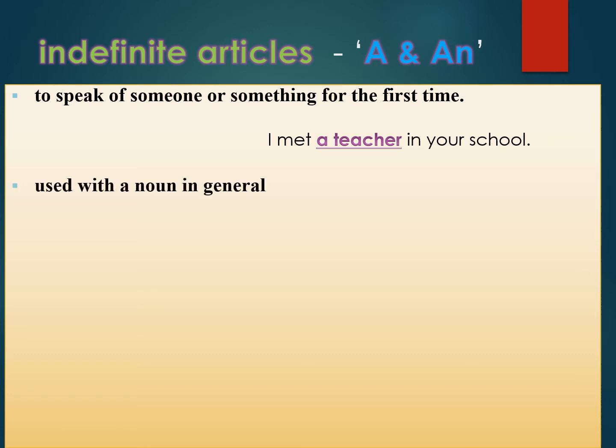We use indefinite articles with a noun in general. Indefinite articles are used with a noun in general. So that means when we are referring to a noun in general, we have to use indefinite article before that noun. Example, a doctor.